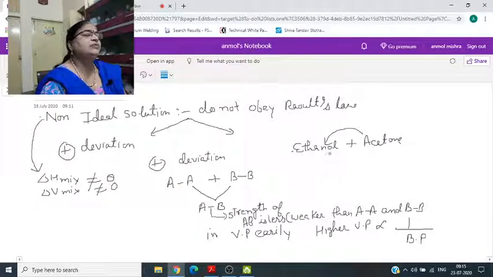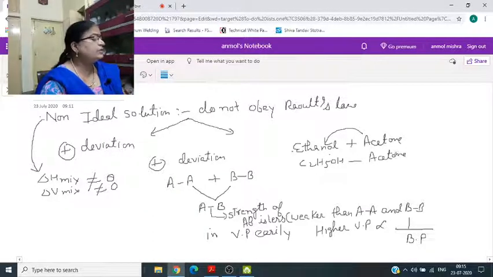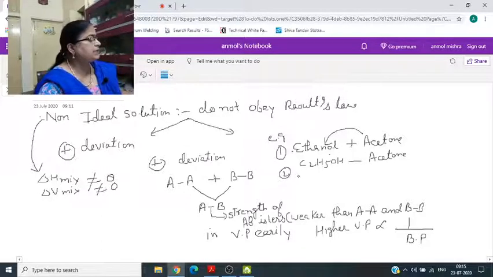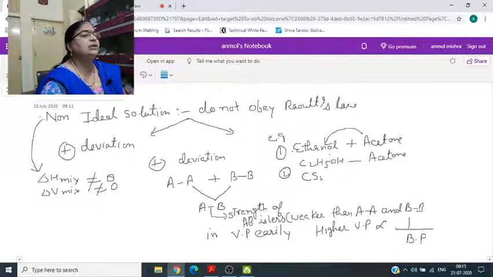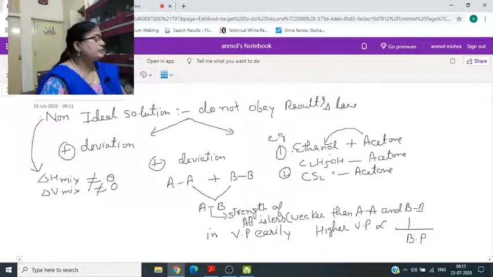As a result, when both form a bond, this bond is weaker than the hydrogen bond. So again the vapor pressure will be higher, so the boiling point will be lower. The second example is carbon disulfide and acetone. These are two examples of positive deviation.